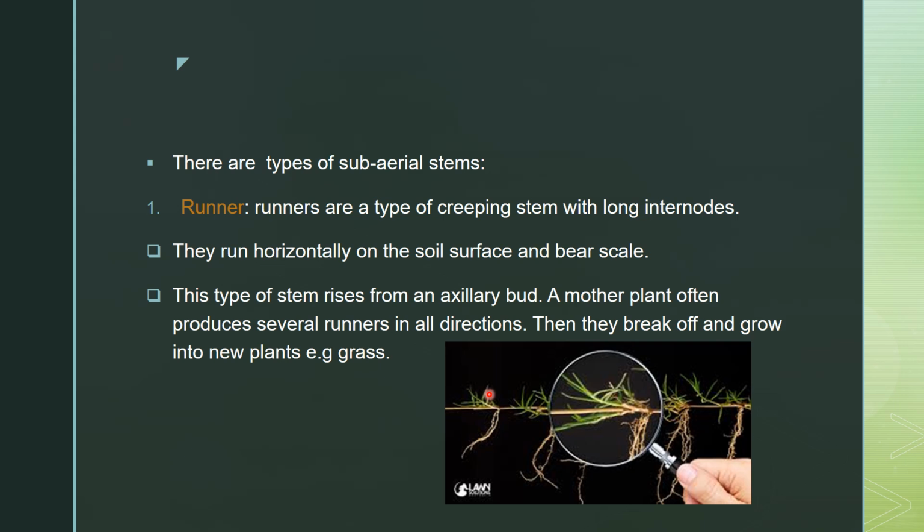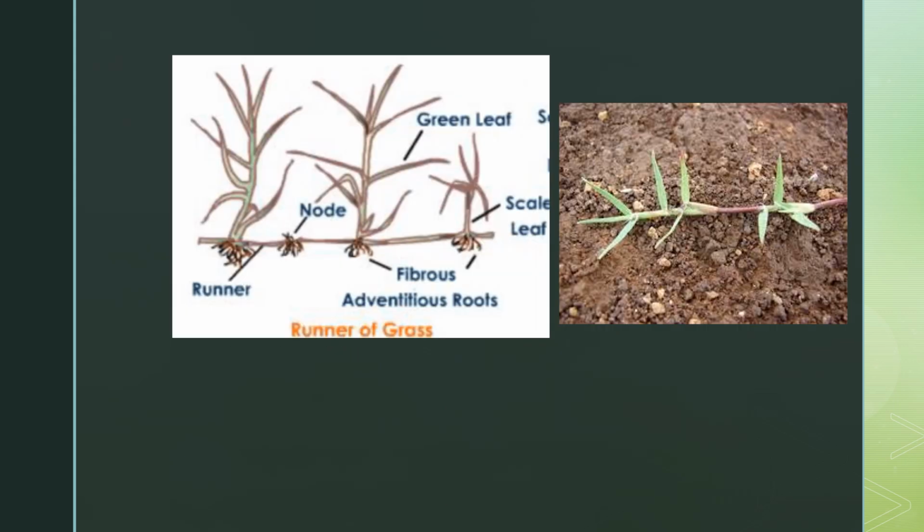This type is called a runner. It's a creeping stem with these above characteristics. You can find them in grasses like this one. There is this node, and this is the runner stem.